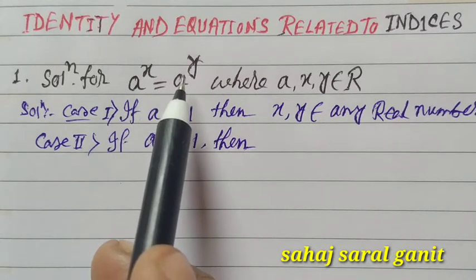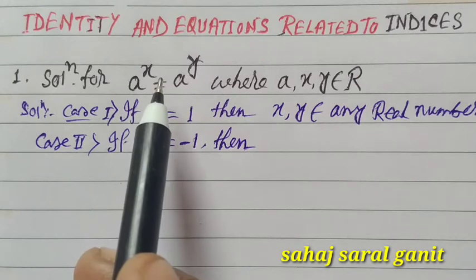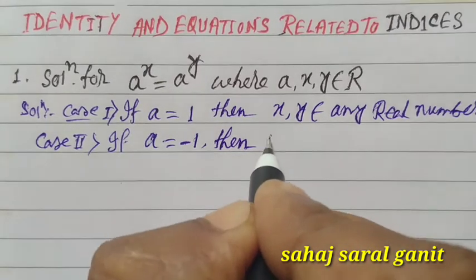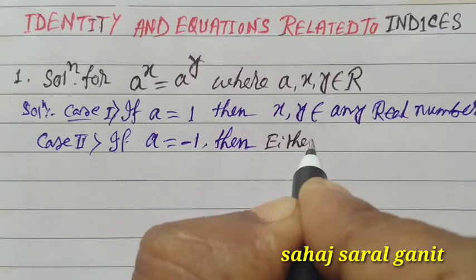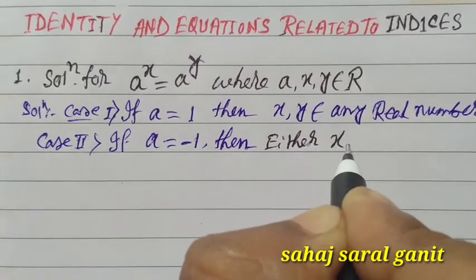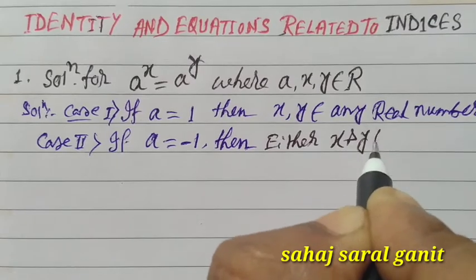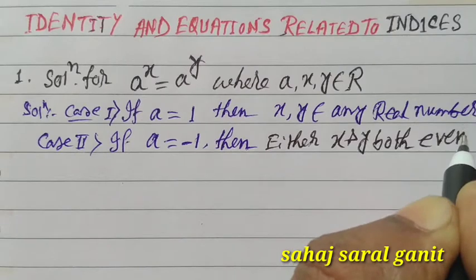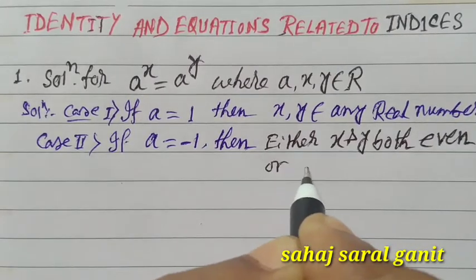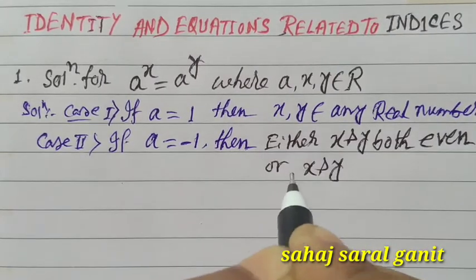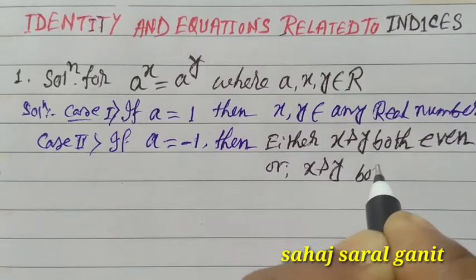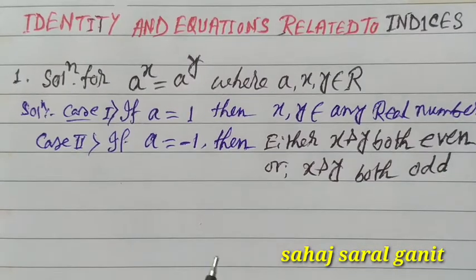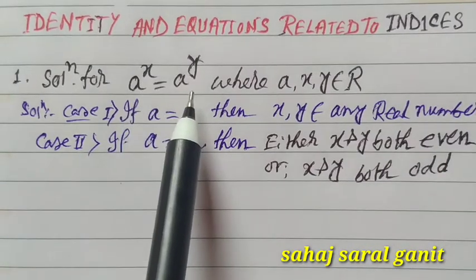Either both are even or both are odd, then either x and y both are even or x and y both are odd. Both are odd or both are even.